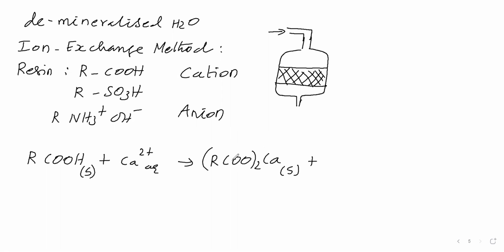This resin is solid, and H plus goes into the solution. Similarly, in the place of calcium, we can write magnesium or ferrous. So will the coming out water contain calcium ion? No. Will it contain magnesium ion?